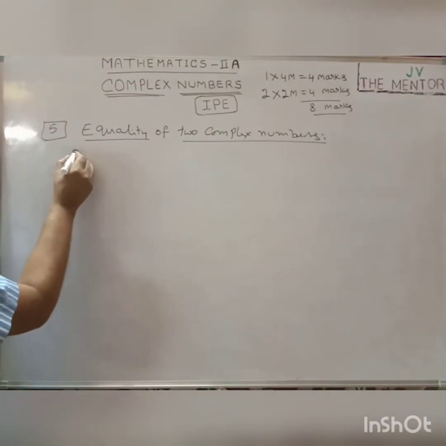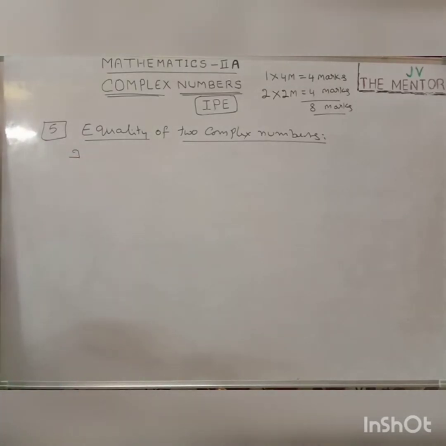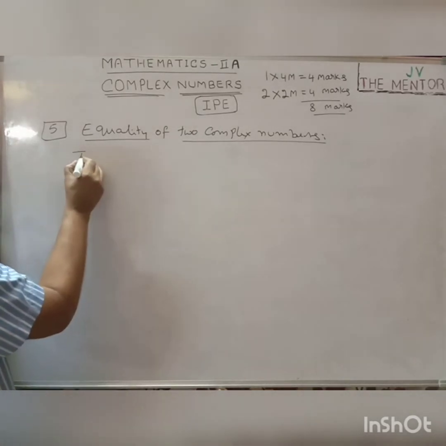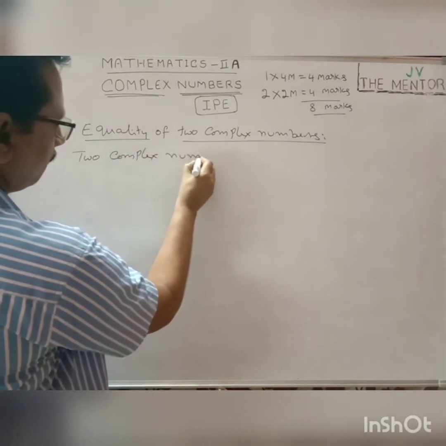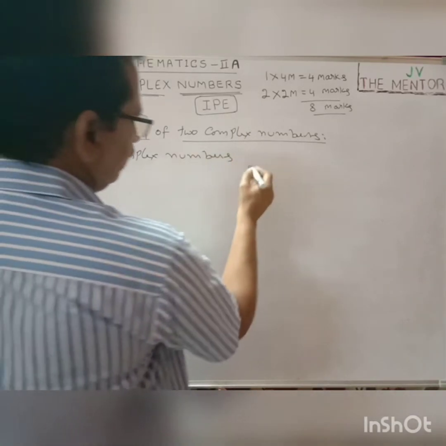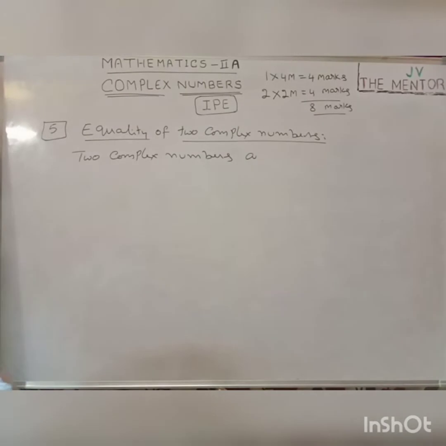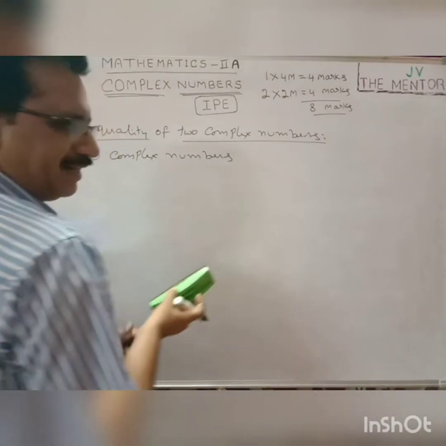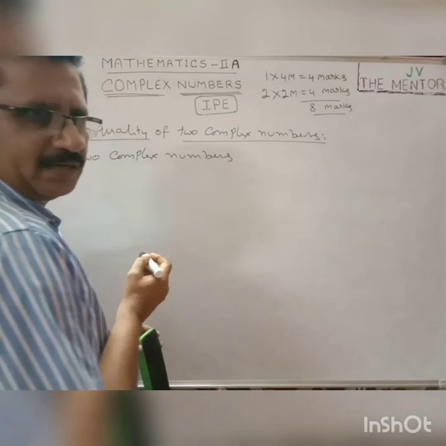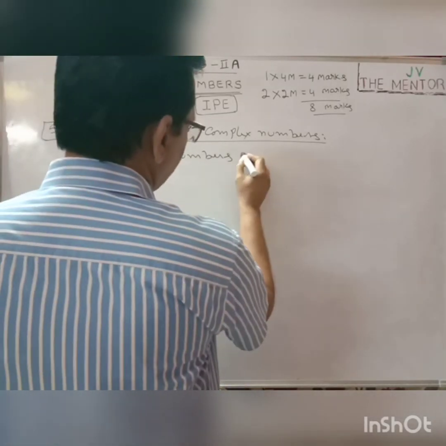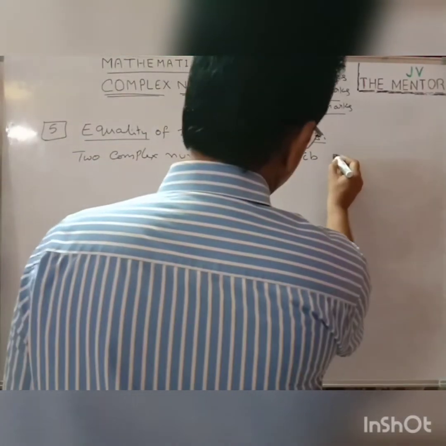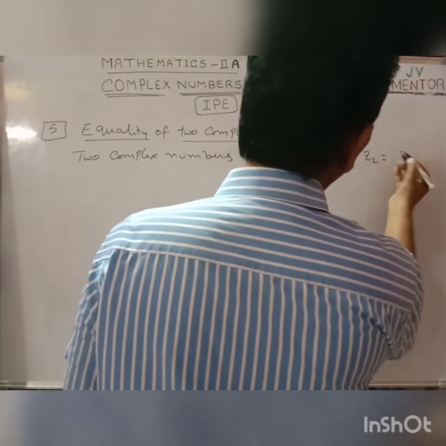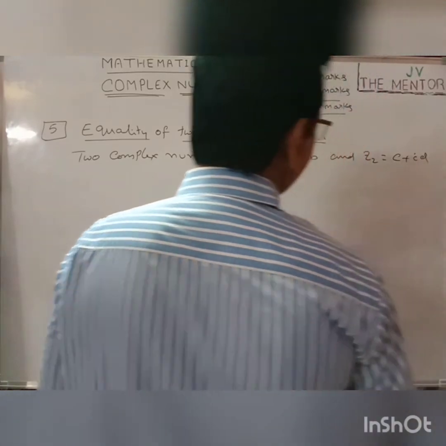Suppose we have two complex numbers. Complex numbers are denoted by z, so here we have two complex numbers, z1 equals a plus ib and z2 equals c plus id.